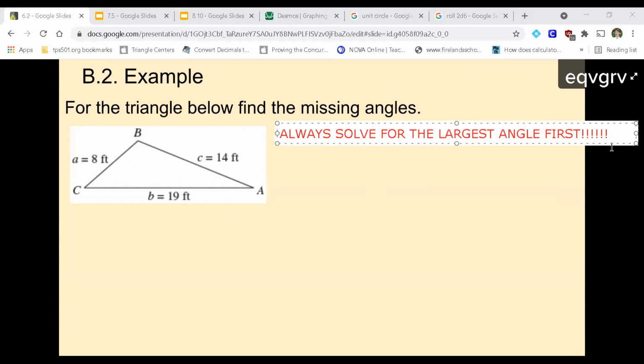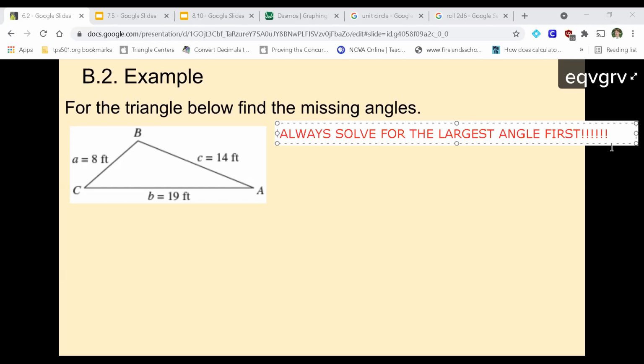If you do not solve for the largest angle first, you will get into an ambiguous case where you don't know whether or not your angle is acute or obtuse. And you will create different versions of the triangle that you won't realize doesn't work until you've already solved for all the other angles.